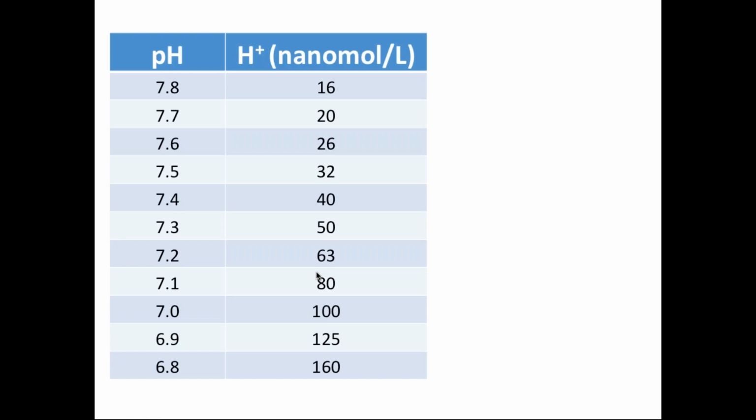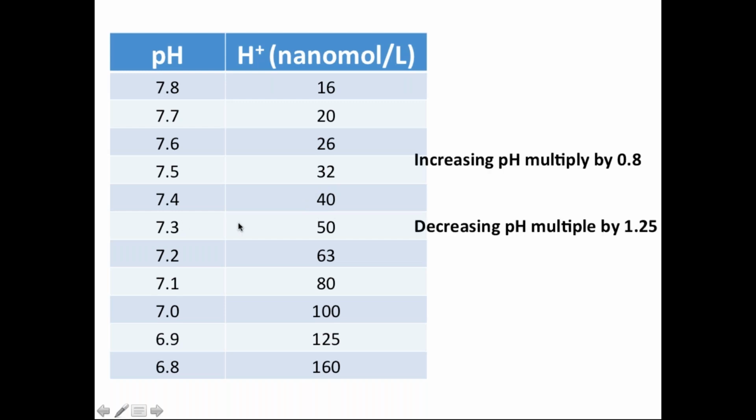Just to get a sense of the concentrations of H plus ions, it's easy to remember that a pH of 7.4 is equal to 40 nanomoles per liter of H plus ion. As the pH goes down, so at 7.3, you can multiply it by 1.25 to get the H plus concentration, because this is a logarithmic scale.